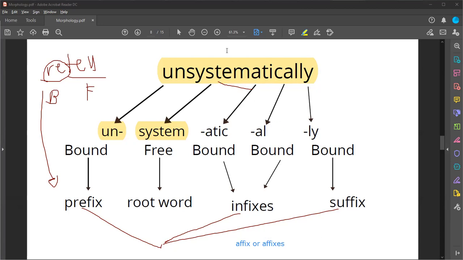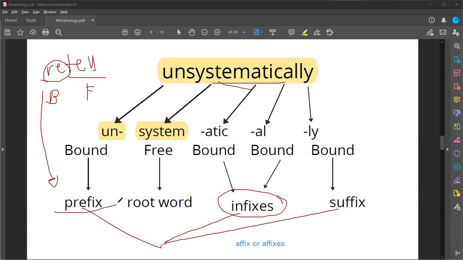So in here, observe what will happen, or how do we call it when an affix or affixes are in the middle of the word. So it is called infixes. In, it means in the middle.